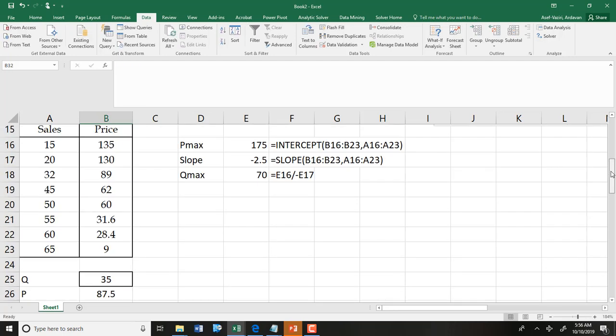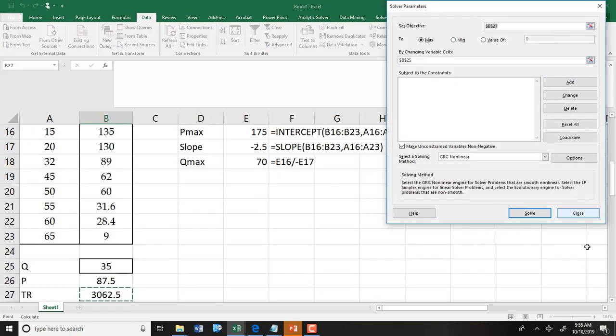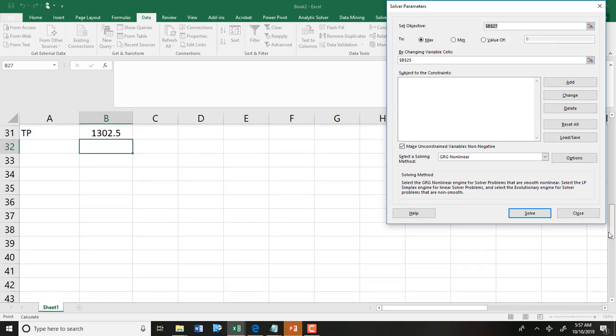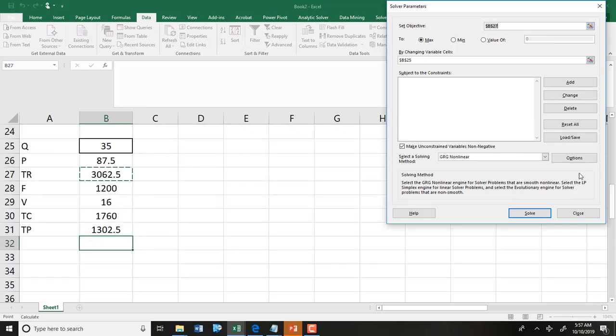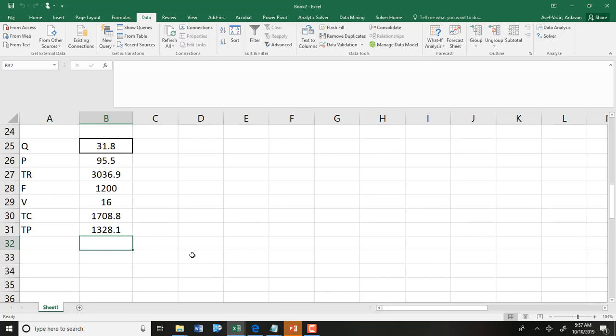Now I go back to Solver, but this time, instead of looking at total revenue, please look at total profit. Again, still change that cell B25, which is my quantity. Solve, I get 31.8, and maximum profit is this.